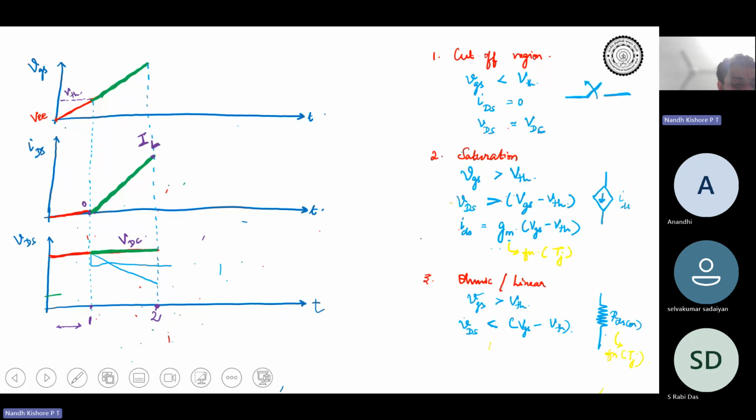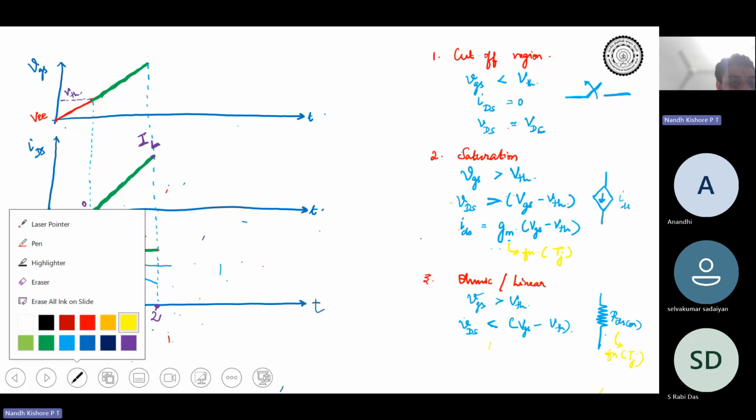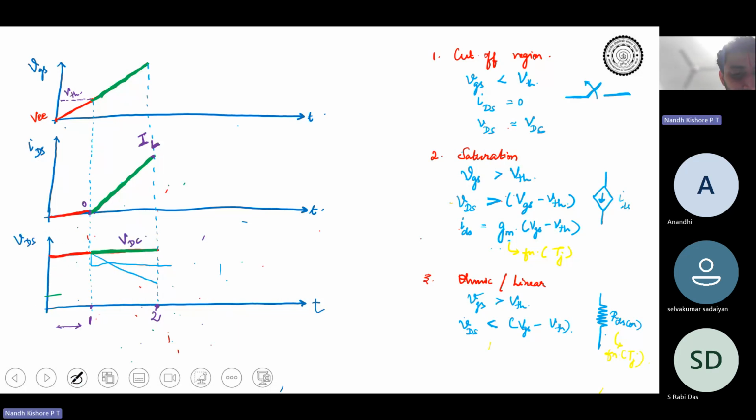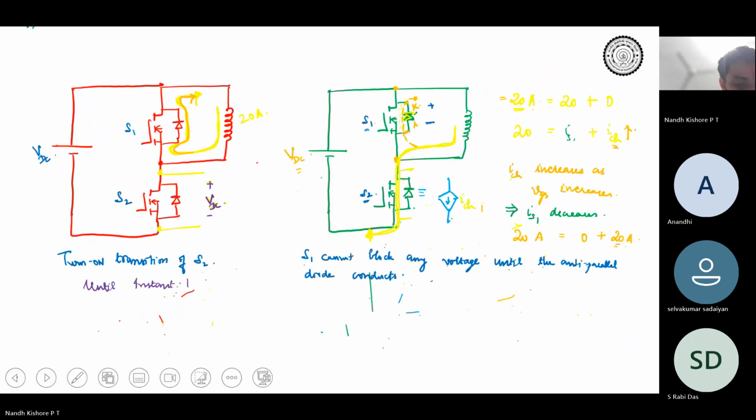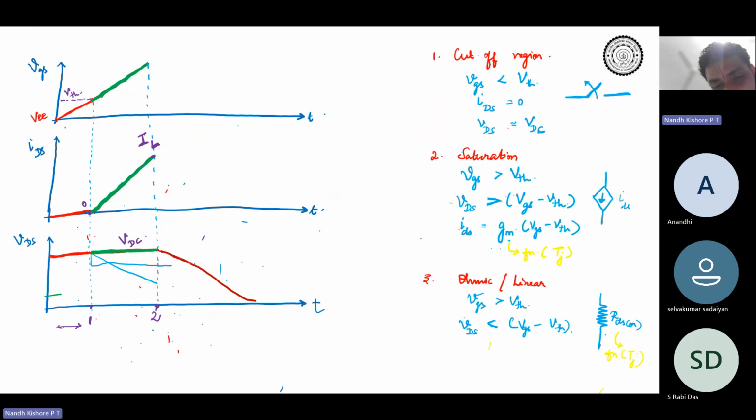So after this, your drain source voltage would slowly decrease to almost zero. Right? And what about IDS? IDS has hit IL now, so it can be constant.